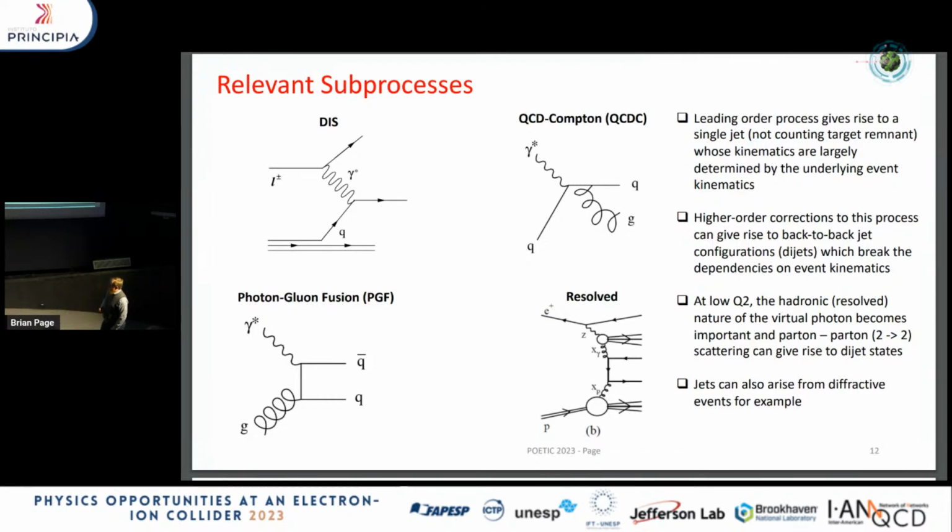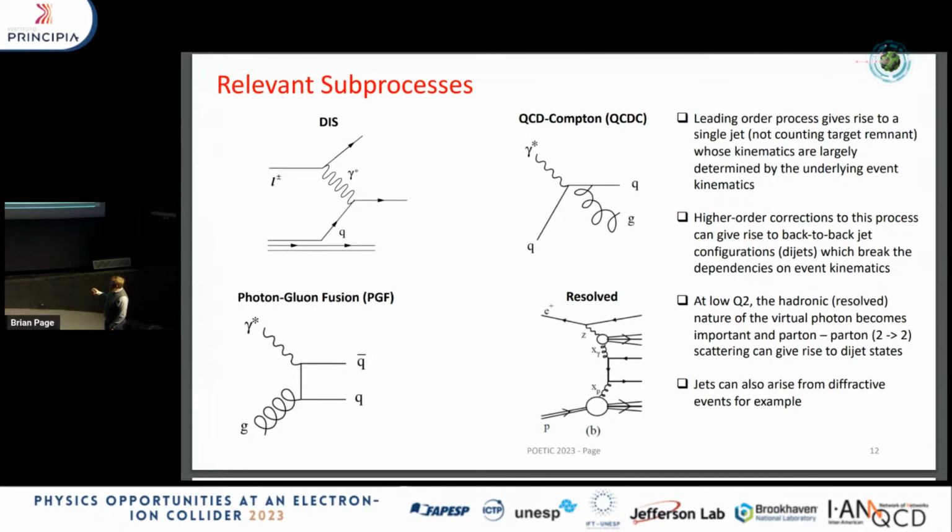So for example, if you go into, say, the Breit frame, where you define your z-axis as sitting along the photon-quark interaction line, and then try to cluster jets, these events will give you two back-to-back high pT jets in your event, and that's a pretty sure signature that you're looking at something like this or like this, depending on where in Q squared you are.